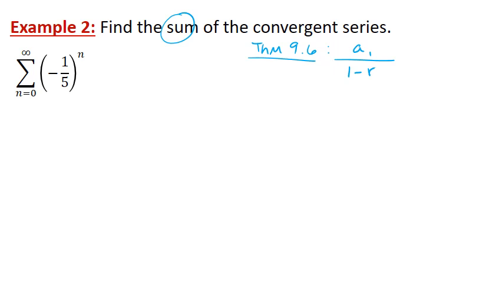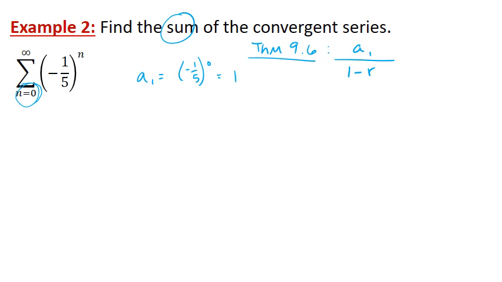So for this, we need to identify what the first term is and what the common ratio is. Well, the first term is what I get when I plug in n equals 0, which is anything to the power of 0 is 1.